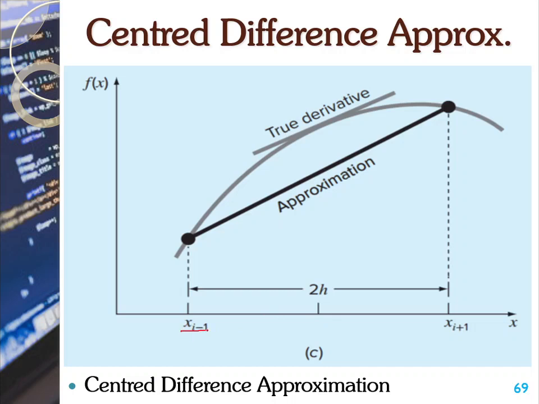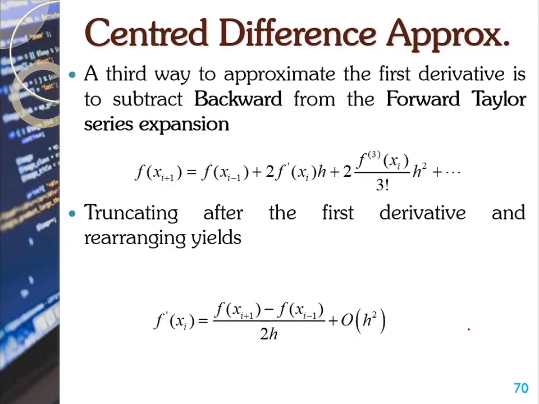However, we are going to need the past and the future value. Now, once we have this, we can combine these two through subtracting the backward differencing from the forward Taylor series expansion, as shown in here. Once we do that and we truncate at the first derivative, it yields what we call the centered differencing.